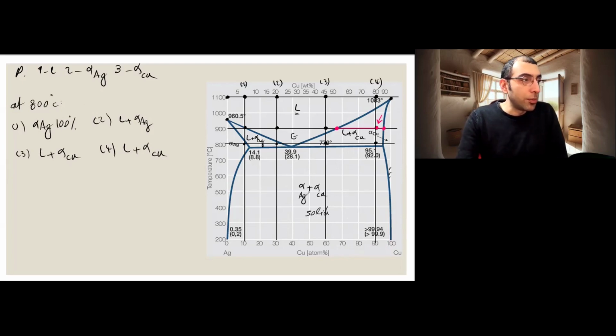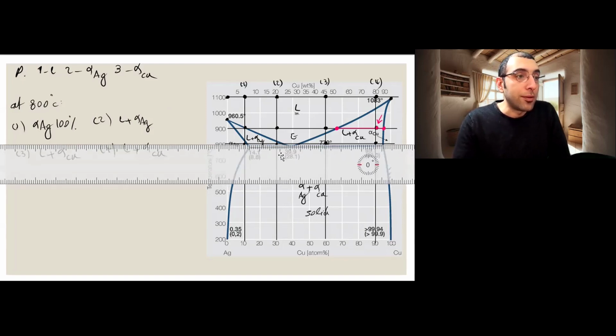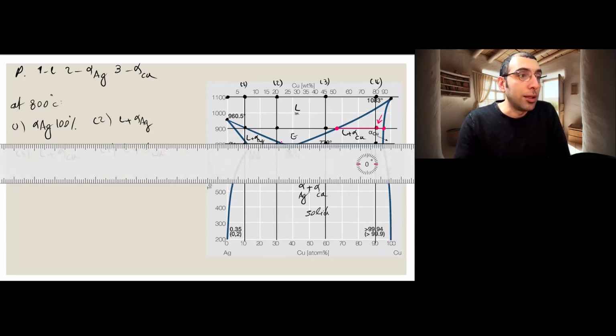So for 100%, we don't need to pay attention to that. Now let's go to point number 2. Point number 2 was here, and we want to do phase fraction for point number 2 at 800 degrees. As I said, for phase fractions we always make a horizontal line and let it cross horizontally the phase lines on the left and on the right.